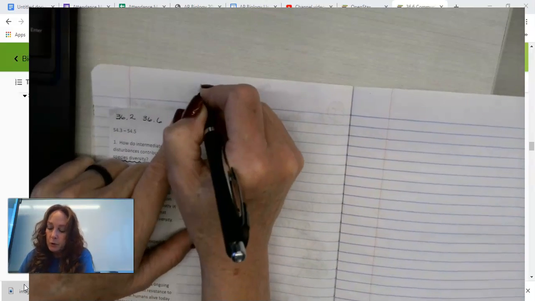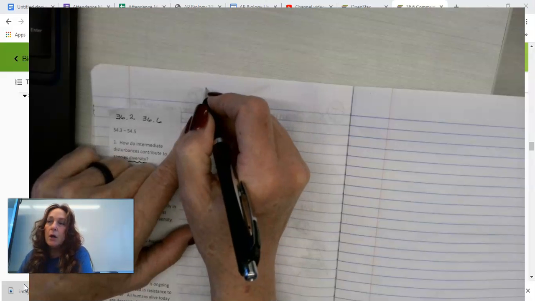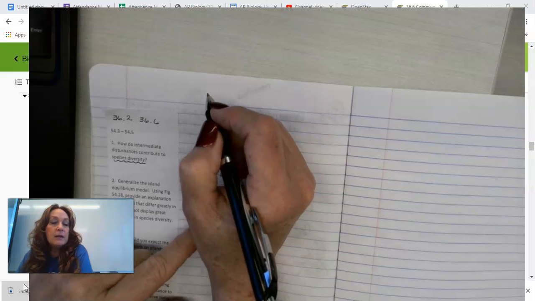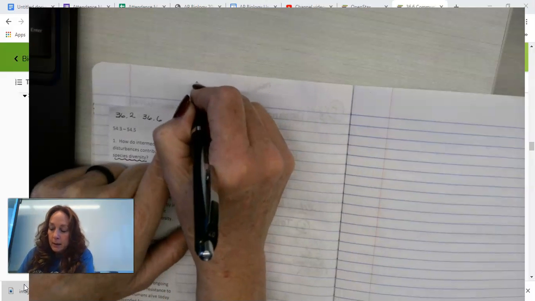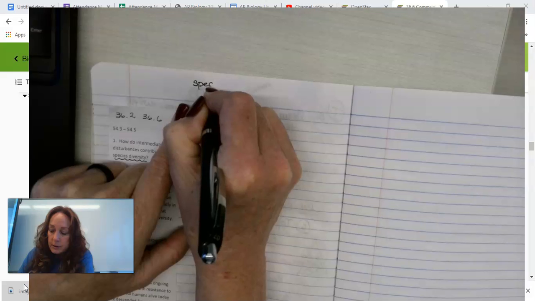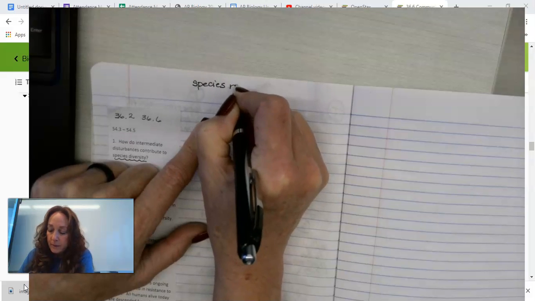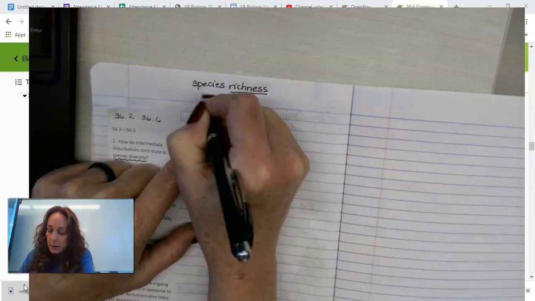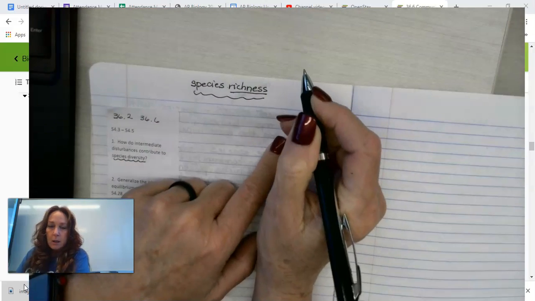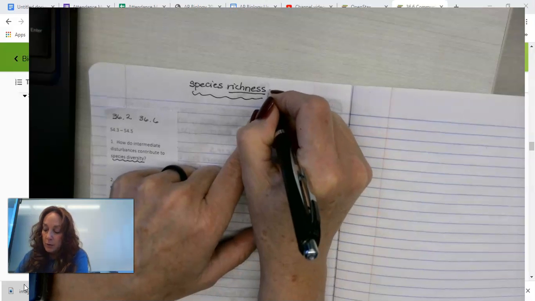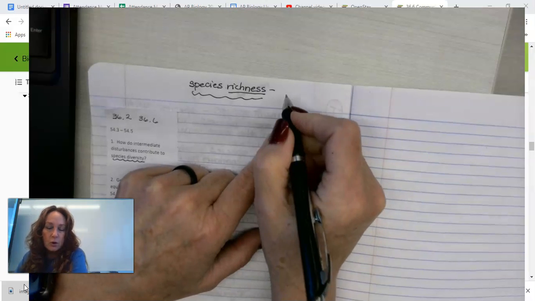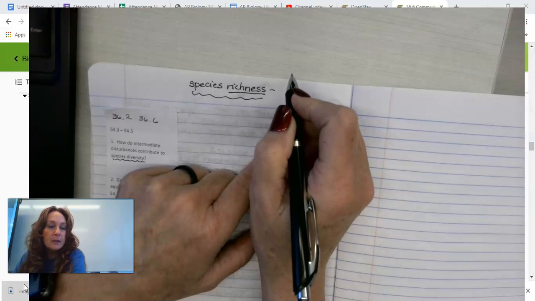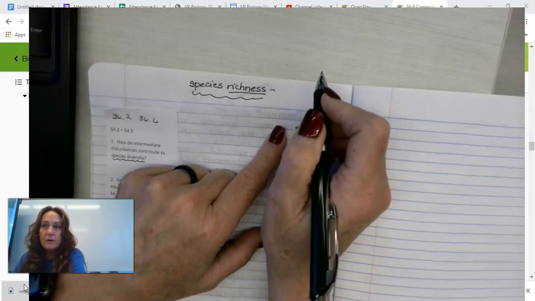So there's two ways to measure what's called diversity, which just means how much of a difference do you have. One is called species richness. Richness is the word they tend to use the most. All you're going to do is go into an area and count the number of species. I don't care how much I have of each one.